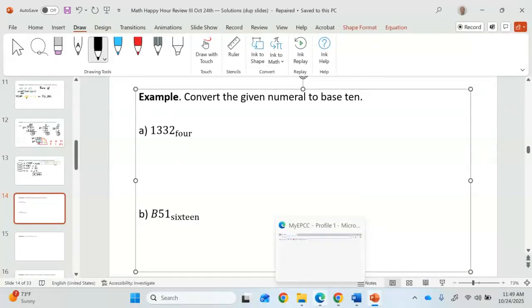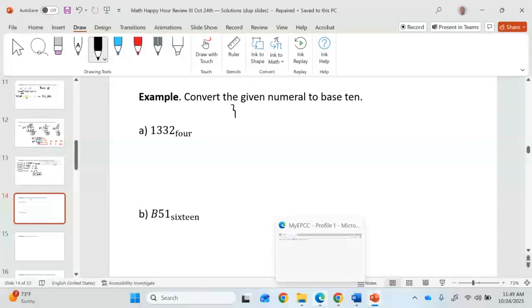The condition is that when you're in one of these bases, your only numerals or digits or symbols are less than the base. So if you're in base 4, you can only write down your number using digits from 0 all the way till 1 less, which would be 3. And in base 16, you actually need letters to have extra digits that represent 10, 11, 12, 13, 14, and 15.